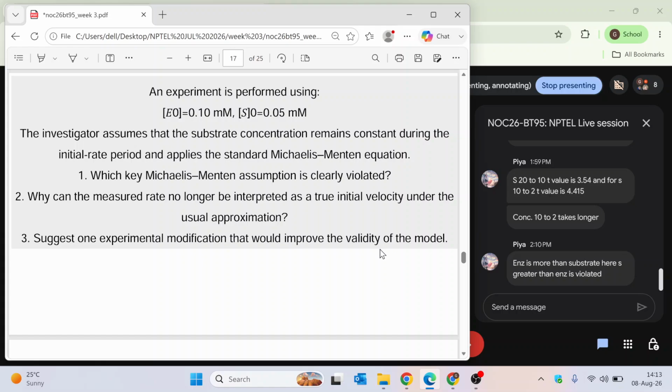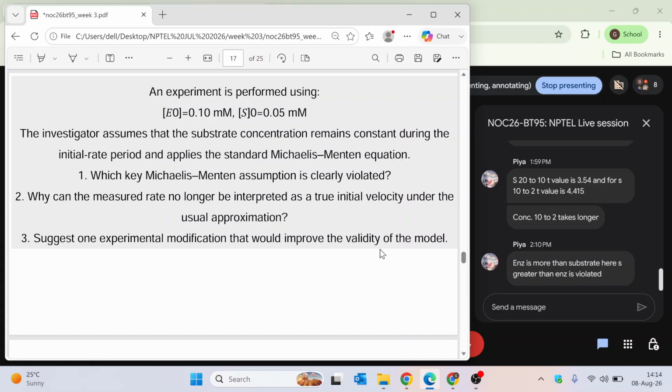Because in the usual approximation, only when there is excess substrate will we have the enzyme-substrate complex formed stably over a measurable period in the system. When there is very little substrate, then right in the beginning of the reaction all your enzyme is going to be bound with substrate, and there are even going to be enzyme molecules that are not bound with substrate, and then your substrate is going to be rapidly converted into product.